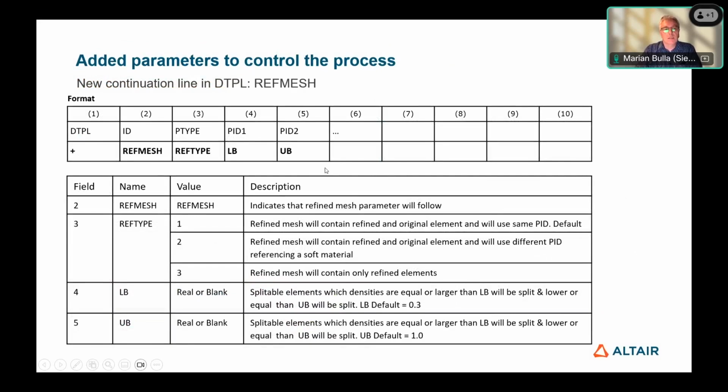It will come in the next version, so please be patient a little bit. Anyway, you can add this card. This is how I did it: I added this card with my text editor, and I had the possibility of doing it, because OptiStruct itself is already able to deal with the mesh refinement.